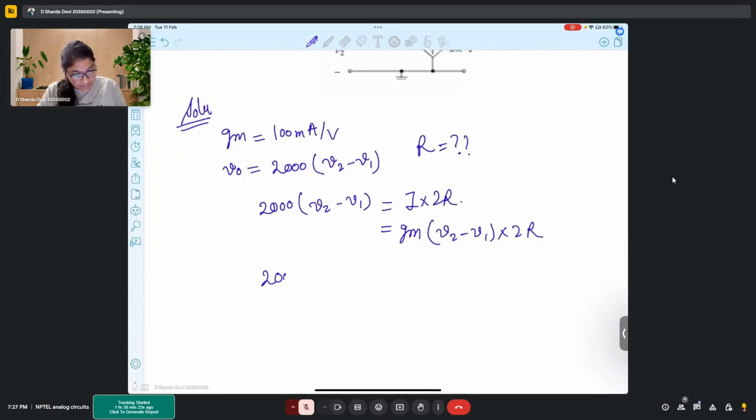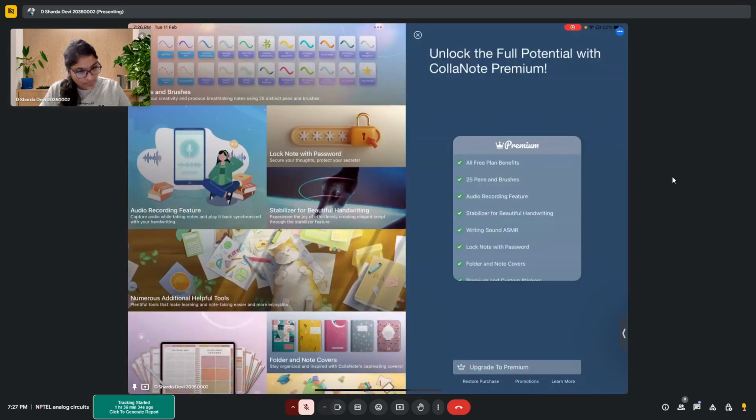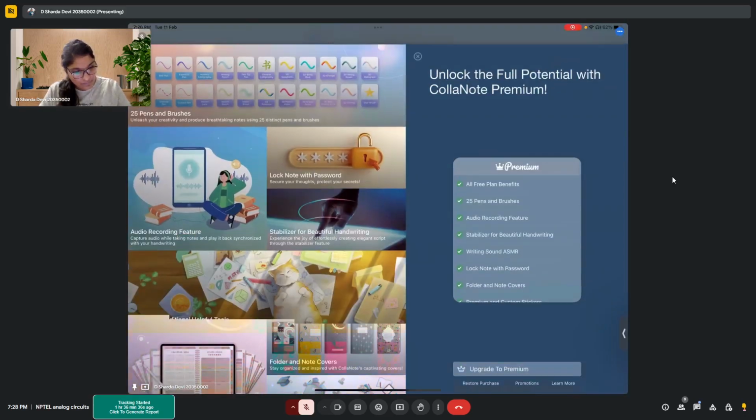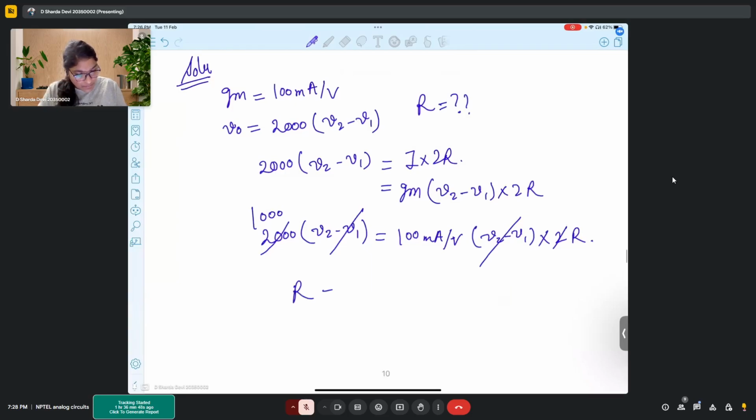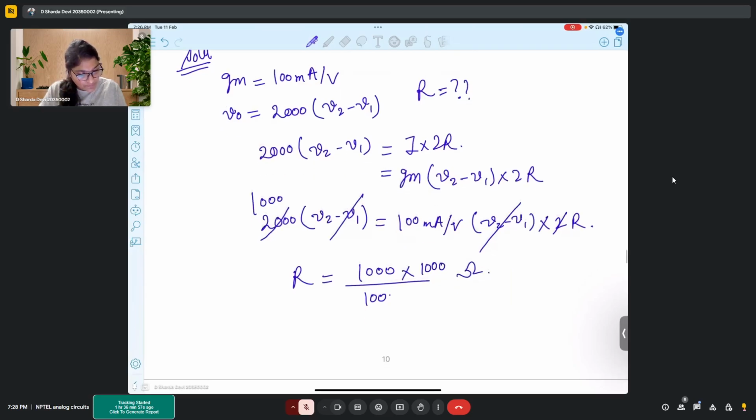Now we'll simply substitute 100, so R becomes 1000 by 100 into 1000 ohms.